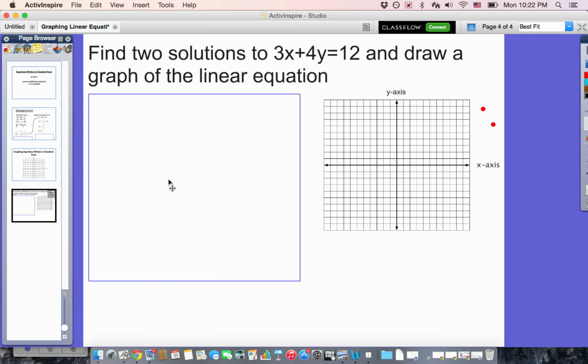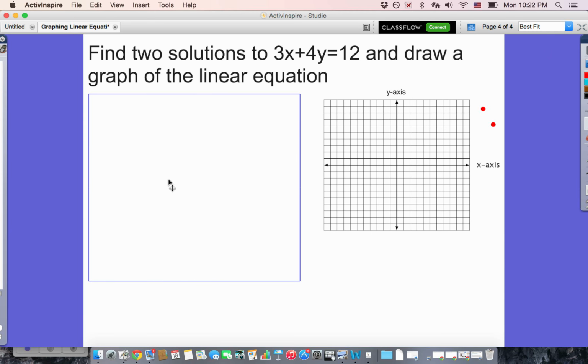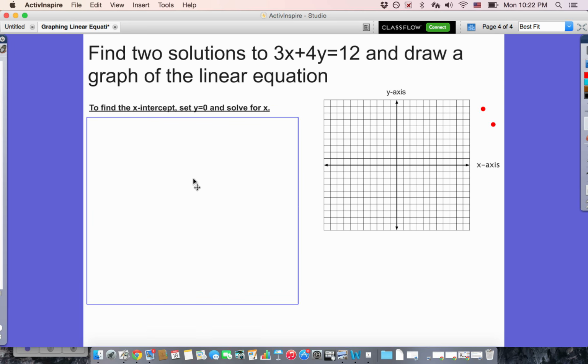Okay, so when we have an equation in standard form, we don't always have to change it into slope-intercept form. What we can do is find two solutions to our equation, plot those solutions, and draw a line through those two dots. Whenever we have an x-intercept, our y value is going to be 0.